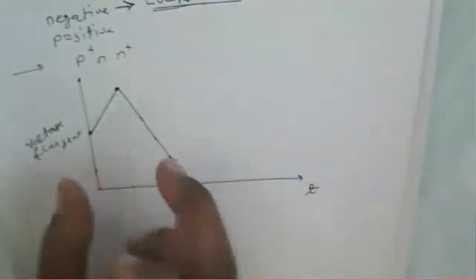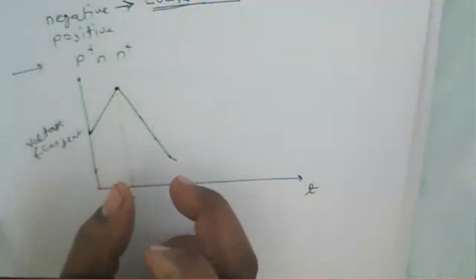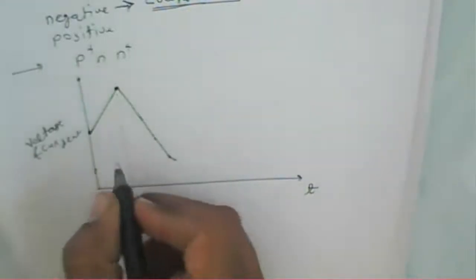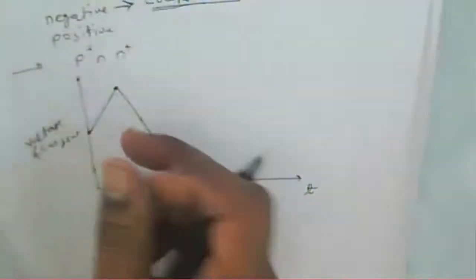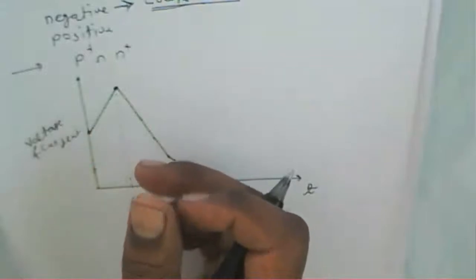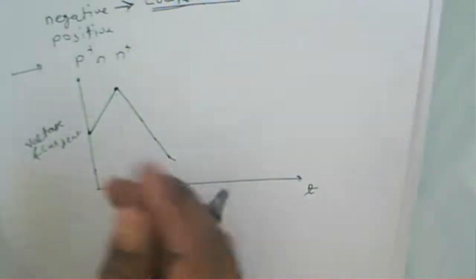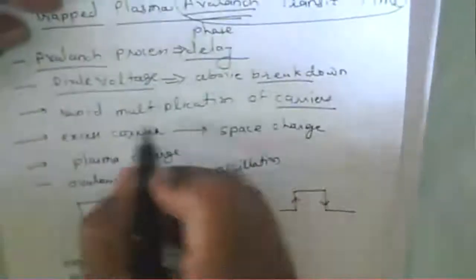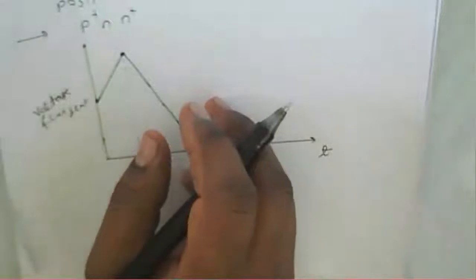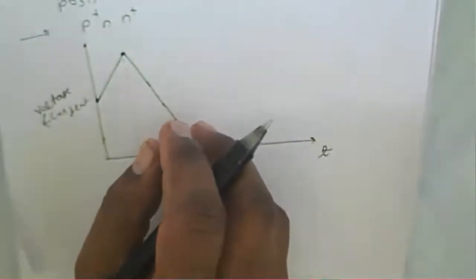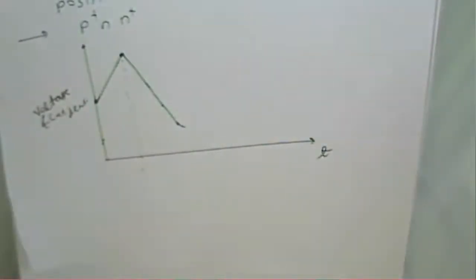If we again apply that field, then in that particular time interval multiplication of charges is going on, which means avalanche. In this period, multiplication of carriers takes place, meaning the avalanche process starts.